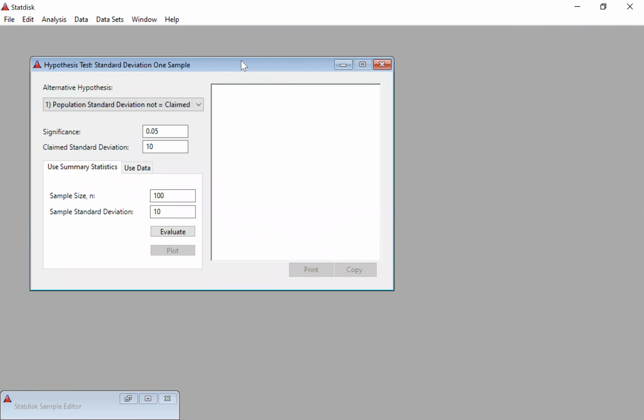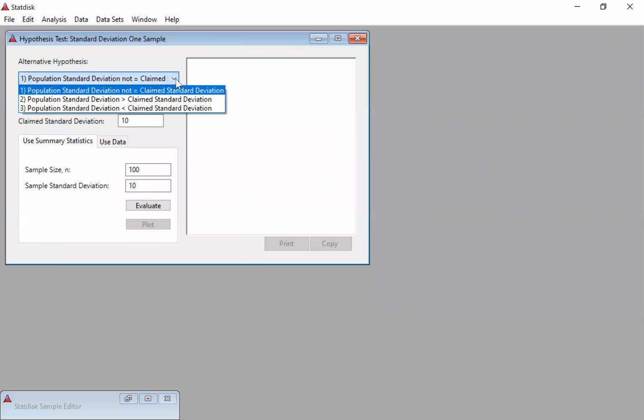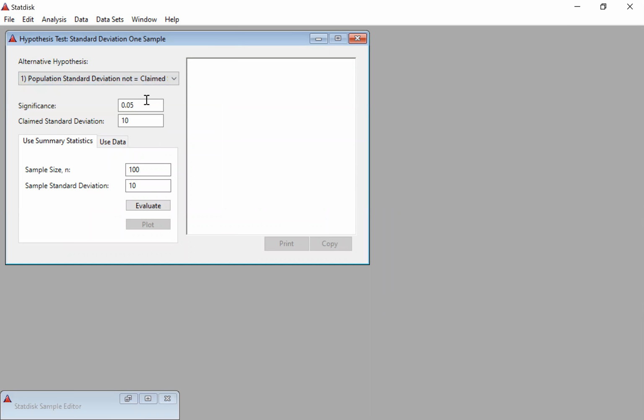And when we bring this over, it was a two-tail test, the not equal case. Our significance was 0.01. Our claimed standard deviation, which is also the number in the hypothesis statement, is 660.2.